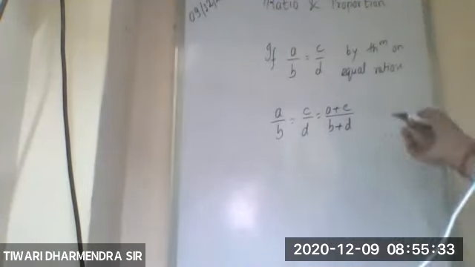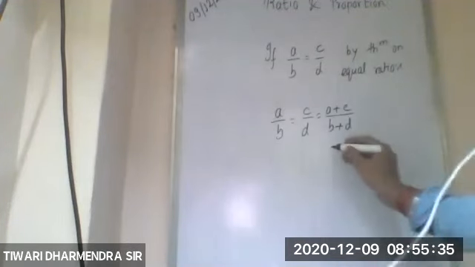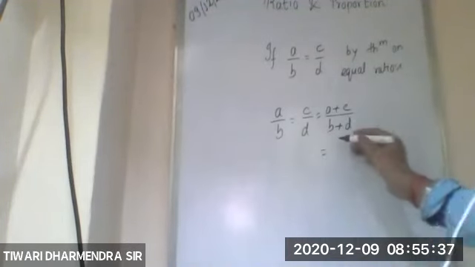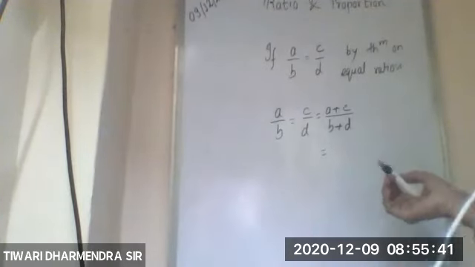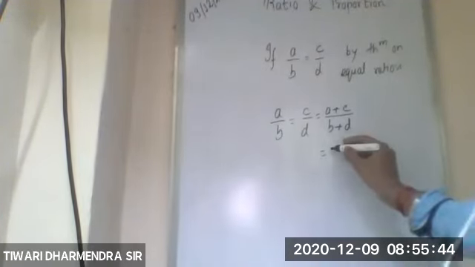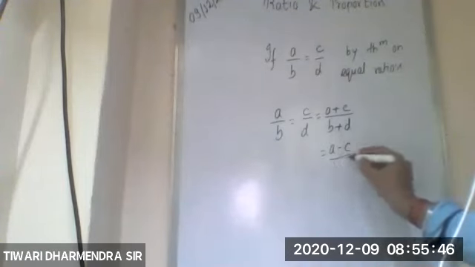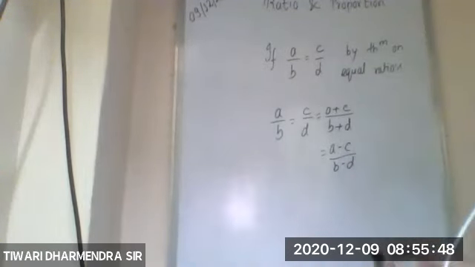It remains the same. And not only addition, even if you use subtraction, that would be the same: a minus c upon b minus d, as per requirement, what your question is demanding.